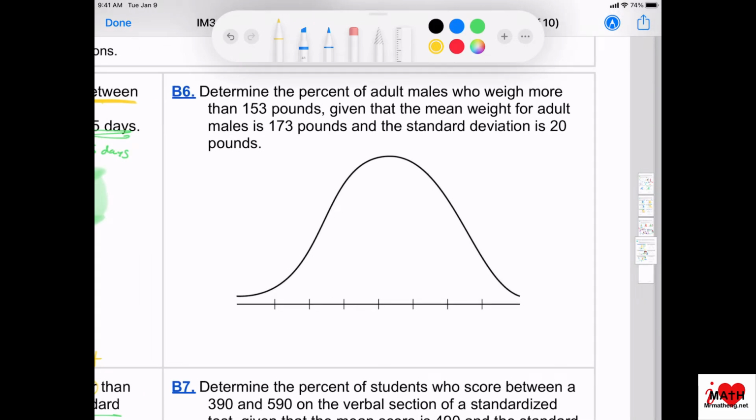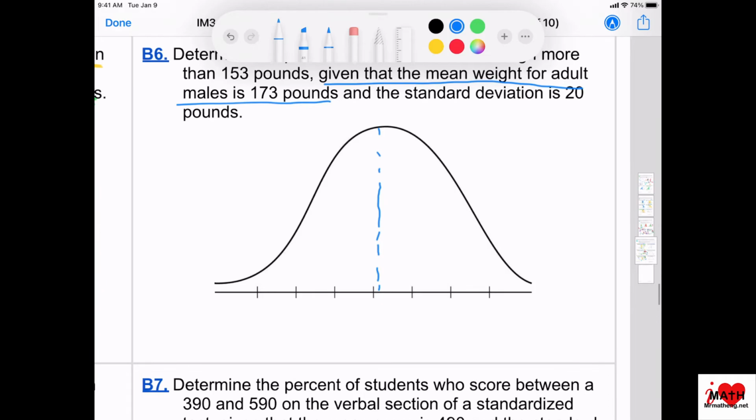Determine the percent of adult males who weigh more than 153 pounds, given that the mean, so we've been using the mean or the center with the blue color, is 173 pounds. LBS is the abbreviation for pounds. Standard deviation, deviation is a measure of spread.